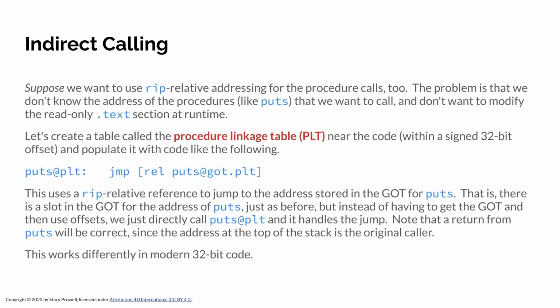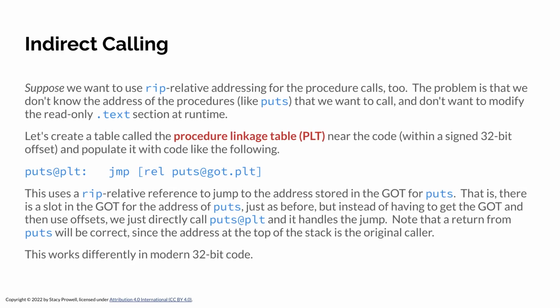But instead of us using the global offset table directly, the linker fills in the PLT entry. So that jump is followed by a relocation that points to that entry in the global offset table. Notice the square brackets. So we're jumping to the address stored there. And we're using RIP relative addressing to do it.